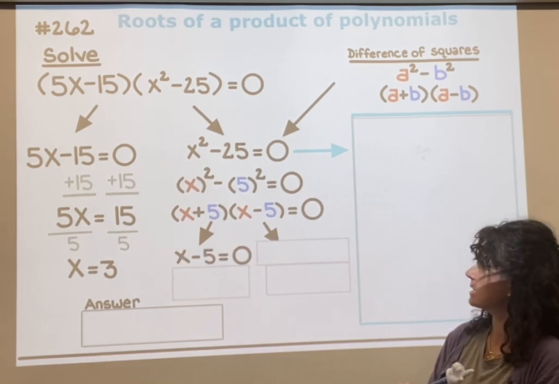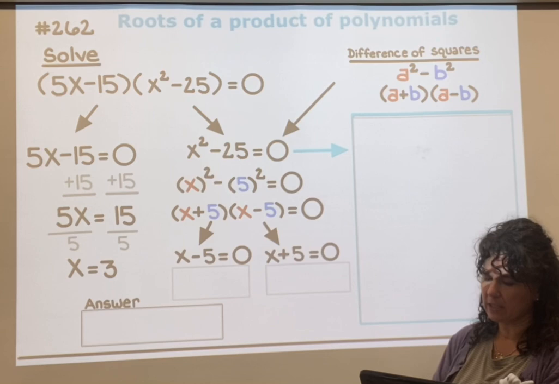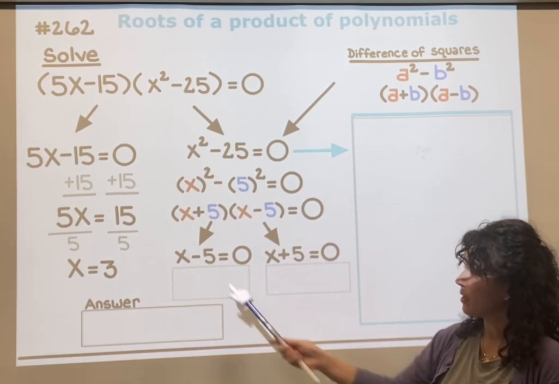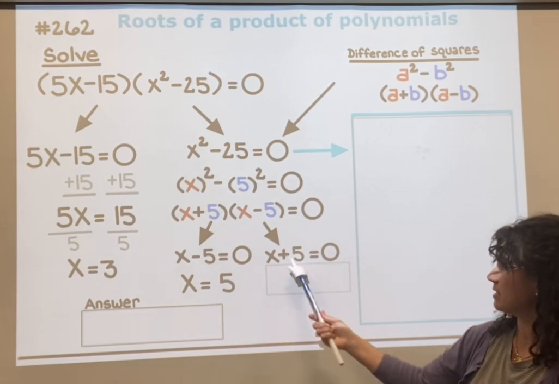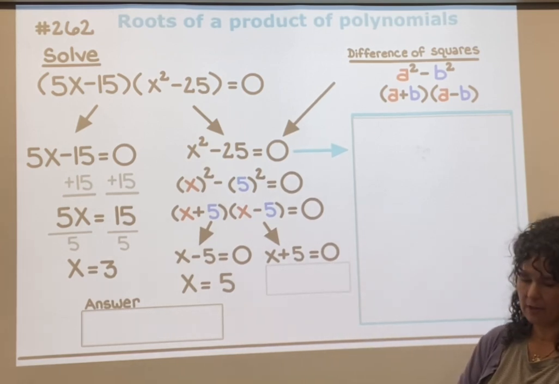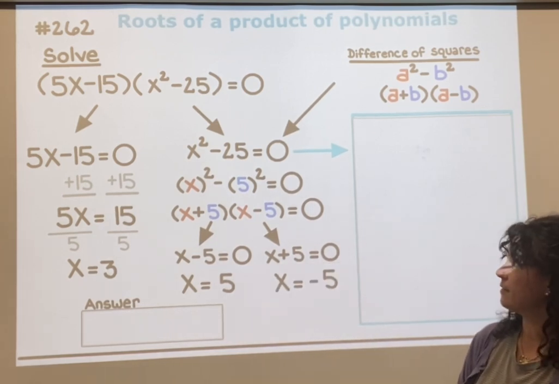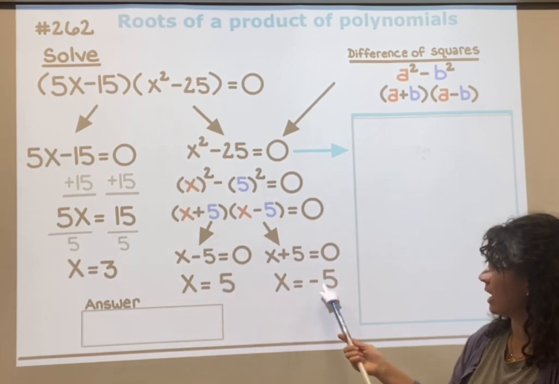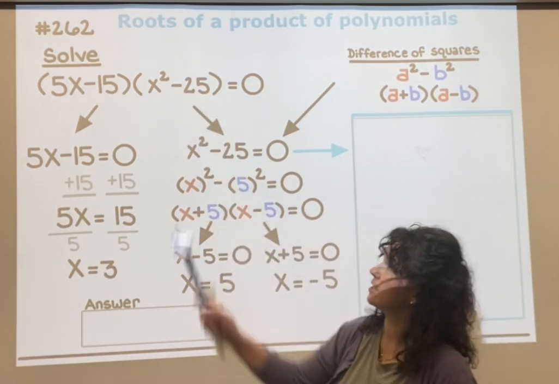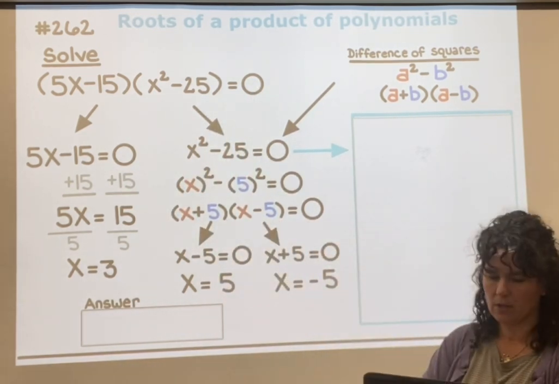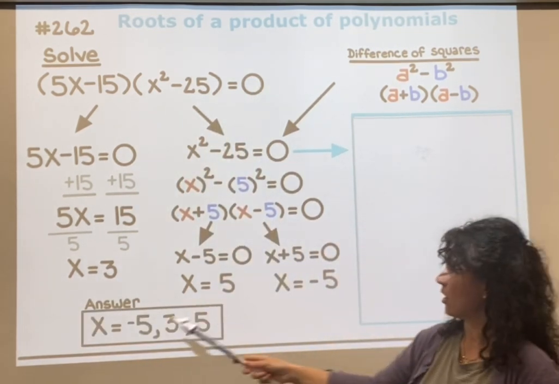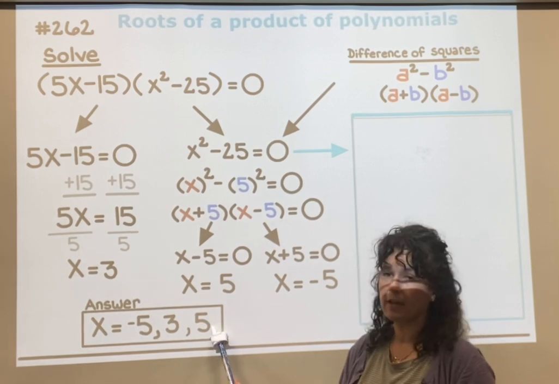So setting x minus 5 and the x plus 5 equal to 0. Add 5, and my x is 5. Subtract 5, and I get negative 5. If I substitute either one of those back in here, it's going to make it 0, and 0 times anything is 0. My final answers are negative 5, 3, and 5.